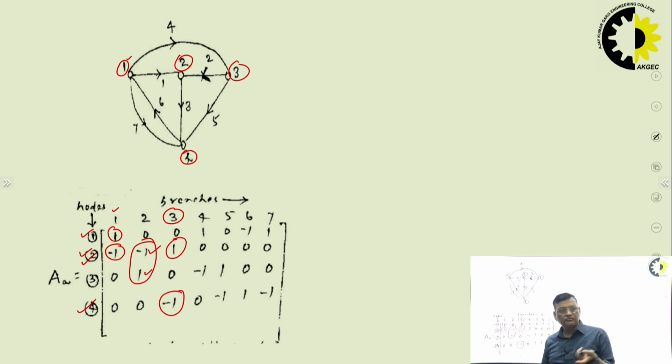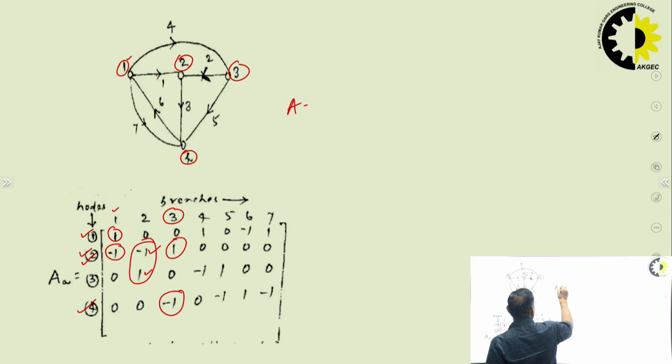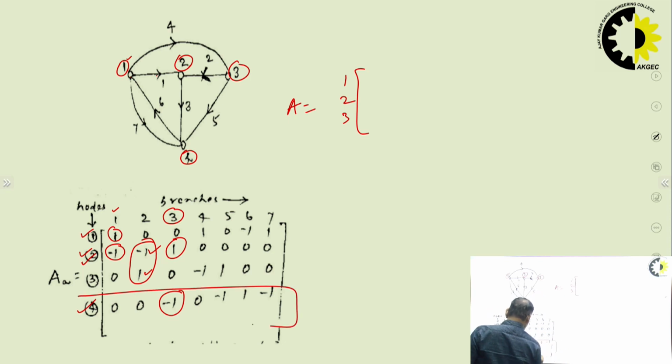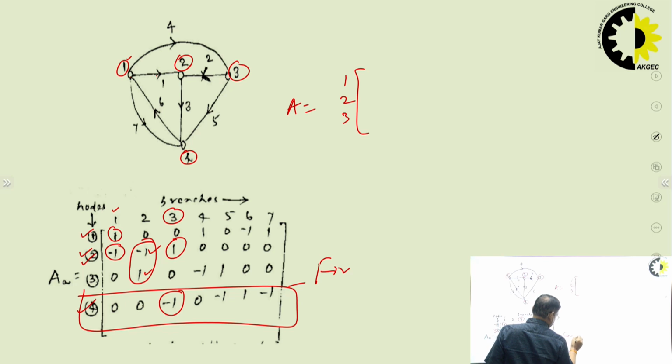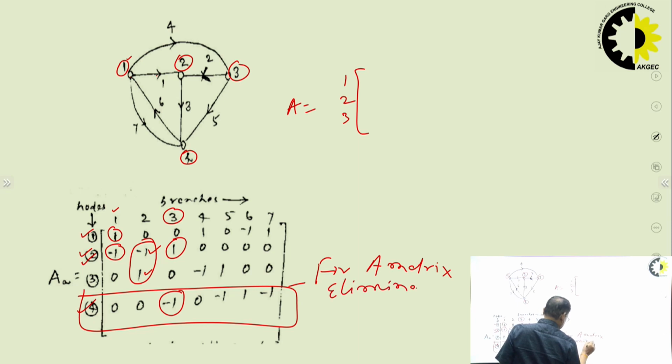Suppose you want to write the reduced incidence matrix. This is A, and we take 3 nodes. So for the A matrix, eliminate the last row.